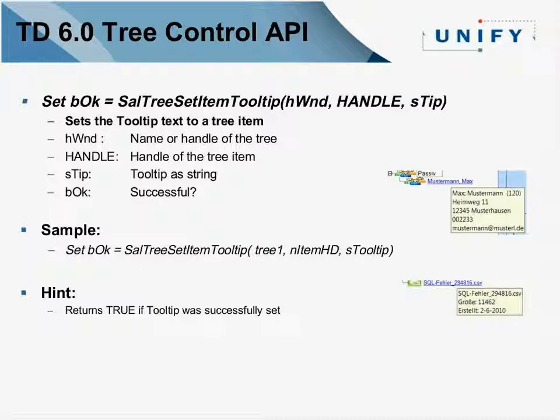So you can create a nice tooltip like Max Mustermann and in brackets I have filled in the unique number, or maybe it's a customer number of Max Mustermann, and based on this I can look into my database for additional information. So as tooltip again is a string, and you should use tooltips very often because you can give some very useful tips and information to any of these items.